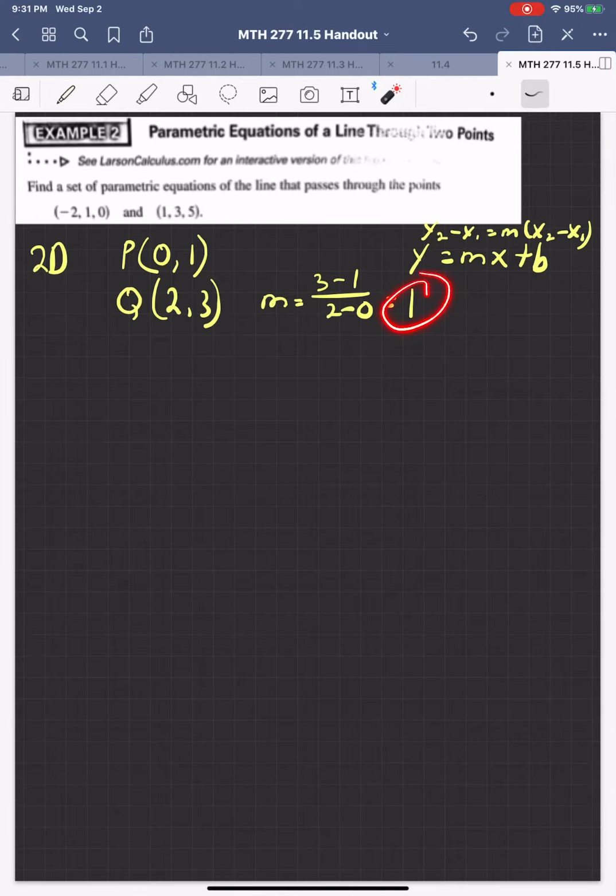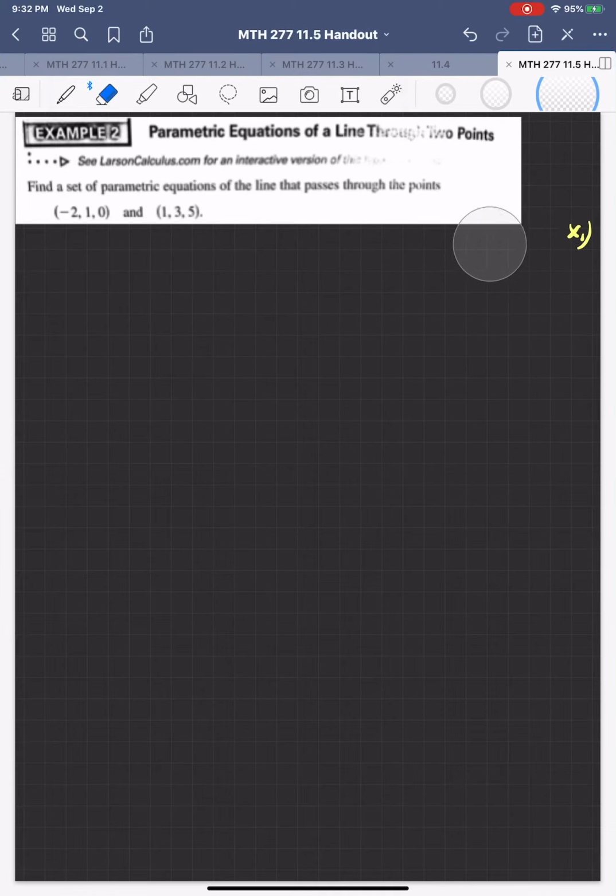Plug it in here, solve for y. All right, so that's the two-dimensional analog. I know that you already know that, but it's good to take a step back sometimes before we go forward. So let's figure out how this is going to apply to this question.